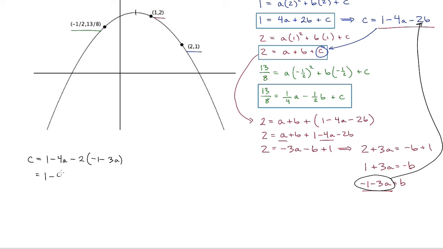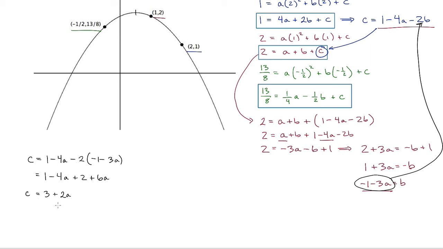This is 1 minus 4a. Negative 2 times negative 1 is a positive 2. And then negative 2 times a negative 3a is plus 6a. So I've got 1 plus 2, which is 3. And then minus 4a plus 6a, which is plus 2a. And that's c. So notice now I know what b is in terms of a, and I know what c is in terms of a.